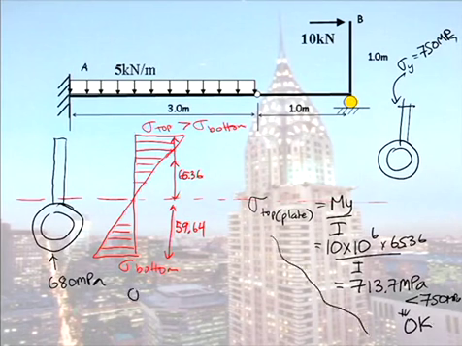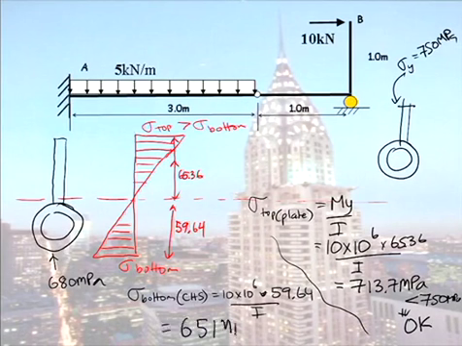So now let's check our stress in the bottom, in the square circular hollow section. I have the same moment, but I put in my distance to the bottom, and I get a stress of 651, which is less than yield stress also.